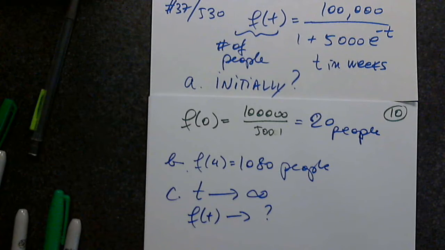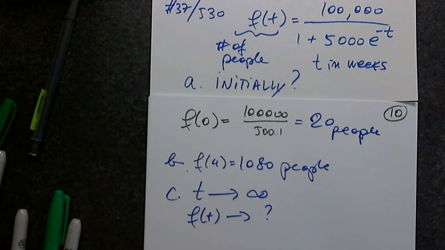We have the function, let's put the function in y equals, and that is 100,000 divided by 1 plus 5,000 times e, in parentheses, -x, we don't have t, and close the parenthesis for the denominator.